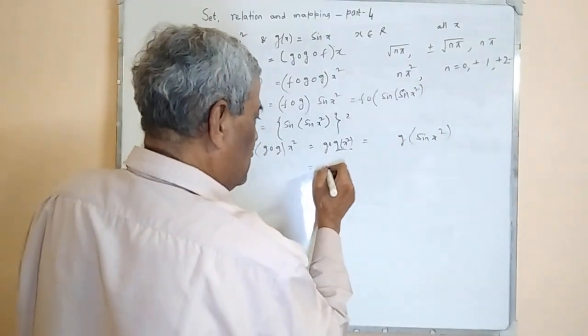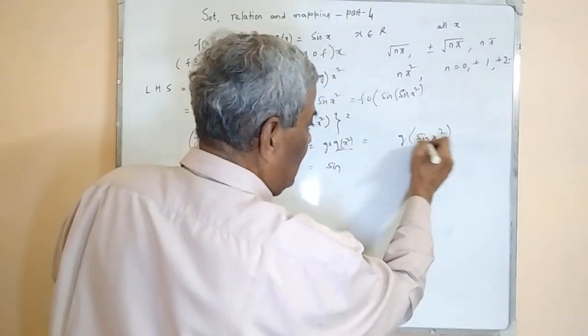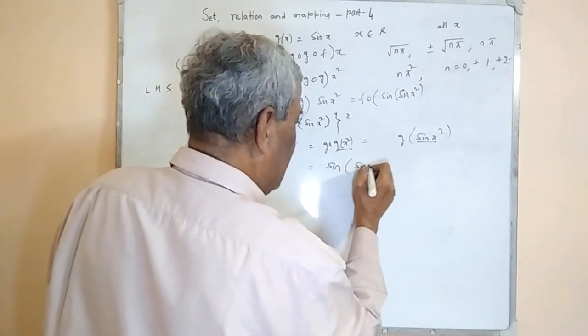So it is equal to sine of g(x) is sine x, sine of this, sine x square.